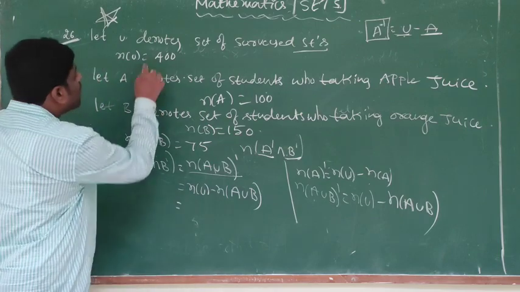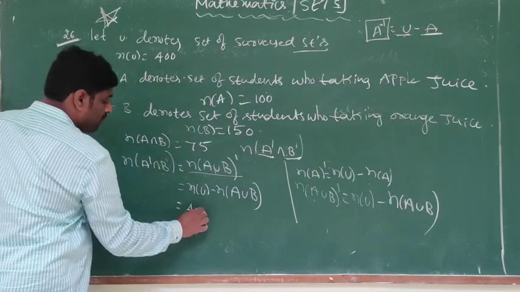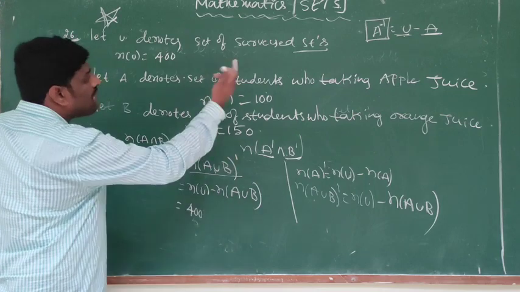So what is n of U? 400. n of A union B is not given.